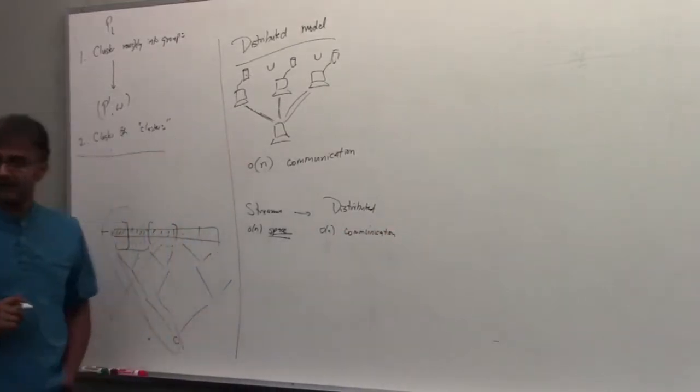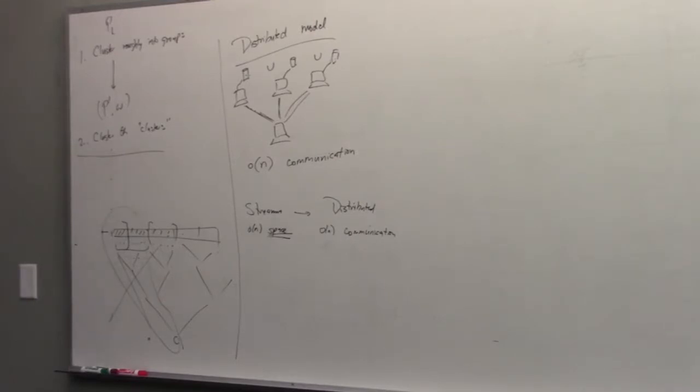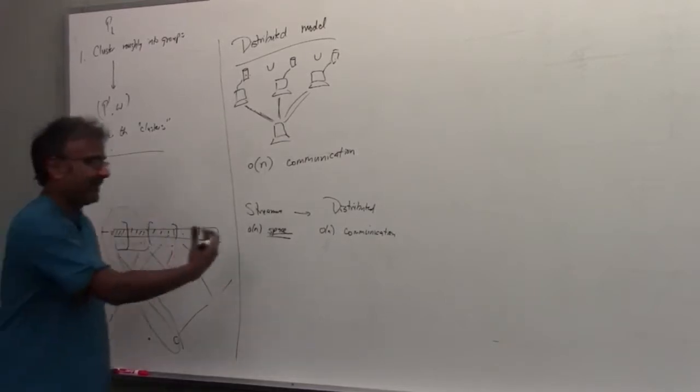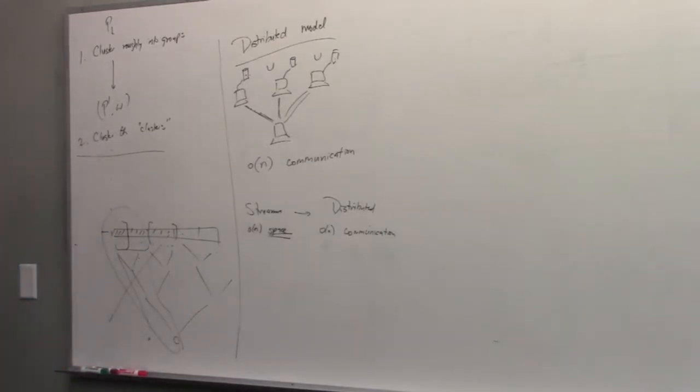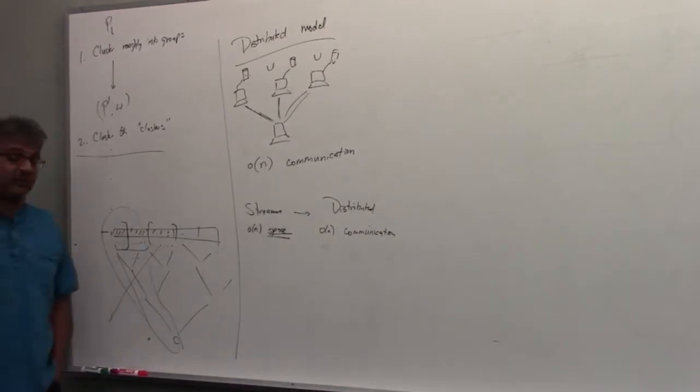And apart from providing job security for theoreticians, models are nice because you can take a lot of your questions and ask them in these different models, and it changes the very character of the problem. Things that used to work don't work. Things that didn't work before work now. And you come up with new widgets that are useful not just in these models, but in other settings as well. And we're going to see that happen for clustering as well.